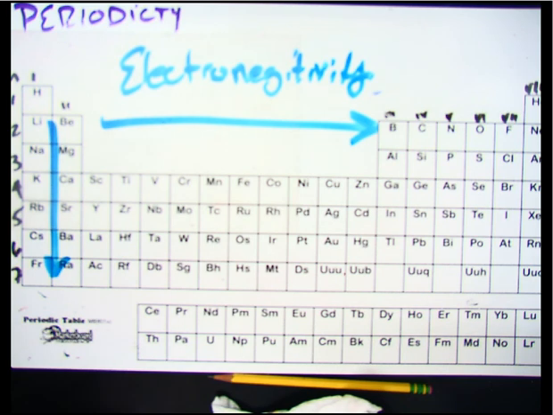The final trend is actually not a periodic trend, it's a bonding trend, but we bring it in here because it's part of this unit. Electronegativity is simply the ability of an atom inside of a molecule or in a bond to attract the electrons that it's sharing in that bond. It's kind of a tug of war.